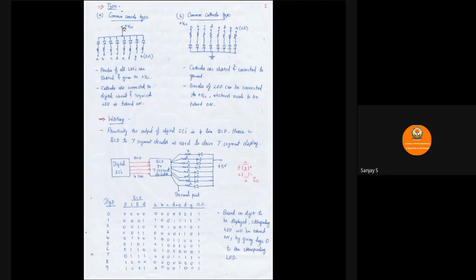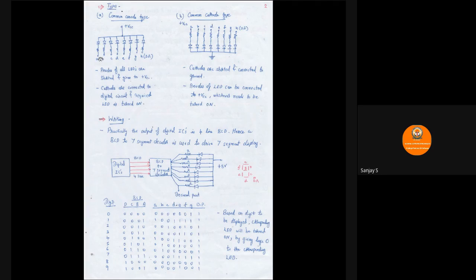So in common anode type configuration, we have plus VCC, and we are having A, B, C, D, E, F, G, and H for the decimal point. So totally we have 1, 2, 3, 4, 5, 6, 7, 8 diodes present here, and a small internal resistance is represented, and anode is connected to plus VCC.